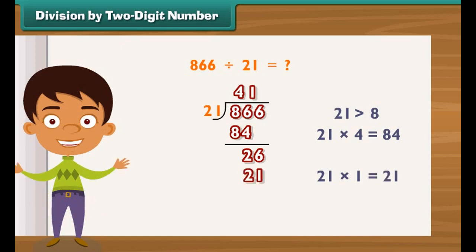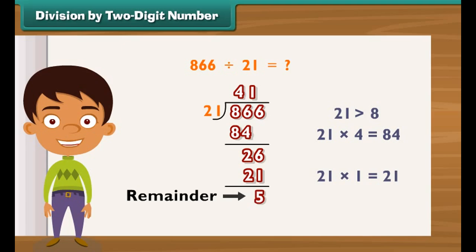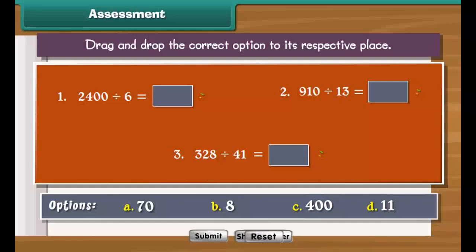Place 1 above 866 next to 4 and subtract 21 from 26 to get 5. 5 is the remainder. Thus, 21 cannot divide 866 exactly. 866 divided by 21 is 41 with the remainder 5. Self-assessment. Drag and drop the correct option to its respective place.